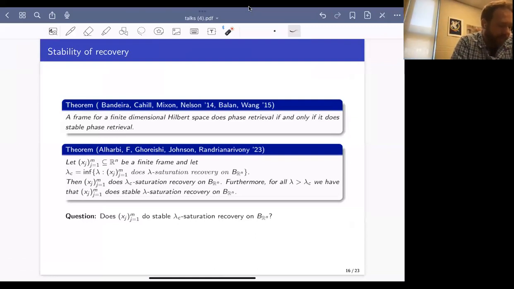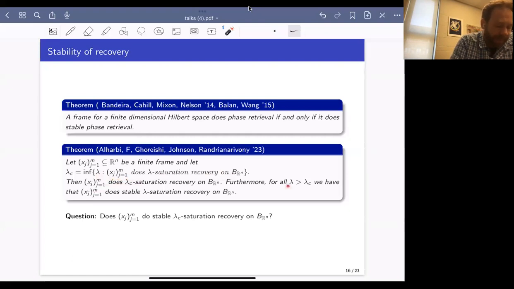So let's take a finite frame in Rn. Lambda C is going to be the infimum of all lambda so that lambda saturation recovery is possible. Then at this infimum, it's actually a minimum. And so xj does saturation recovery at this critical saturation level.